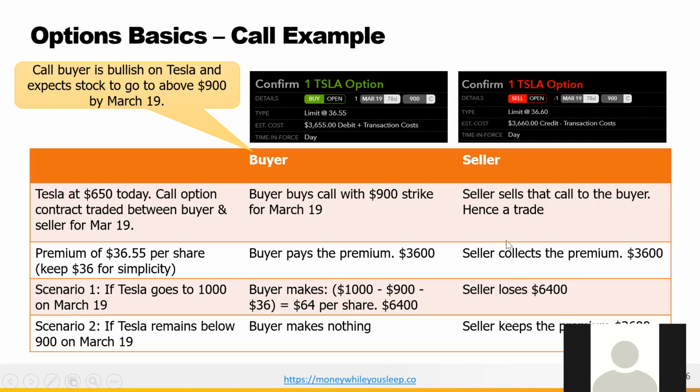Here you can also see an example of leverage, guys. In derivatives, it is very important that we understand the concept of leverage. The way leverage works is, just by paying $3,600, imagine you are executing a contract on 100 Tesla stocks. 100 Tesla stocks means 650 multiplied by 100, a $65,000 value of trade you are able to run just by paying $3,600.